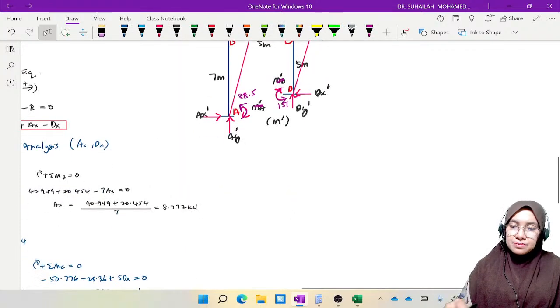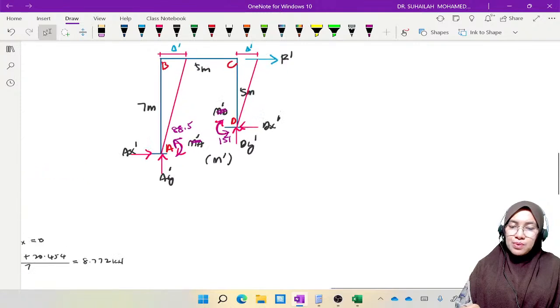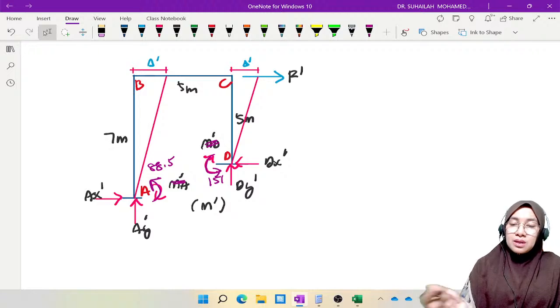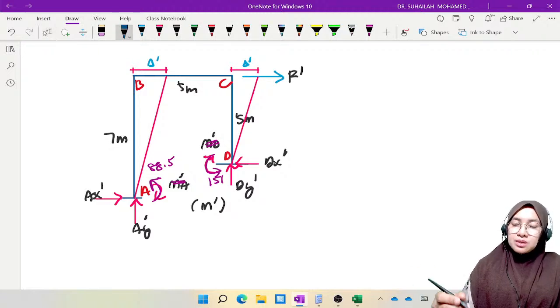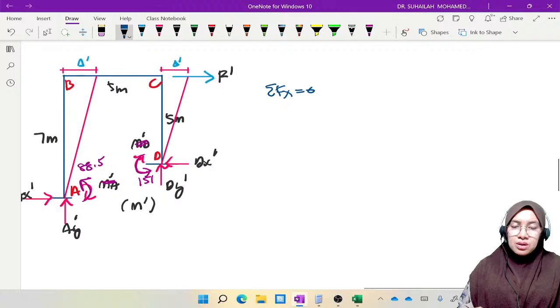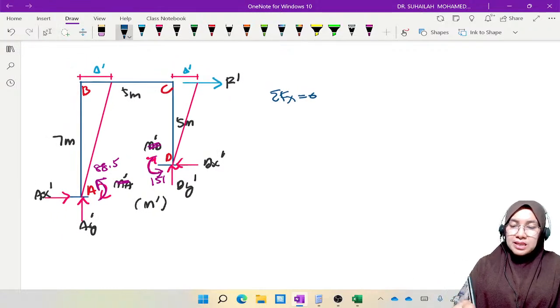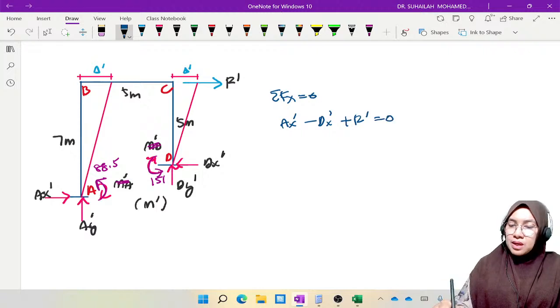So actually we need this to write the shear equation. For the shear equation, we have this: sum of Fx is equal to 0. So from this we can write the equation. It is Ax minus Dx plus R prime equals 0.